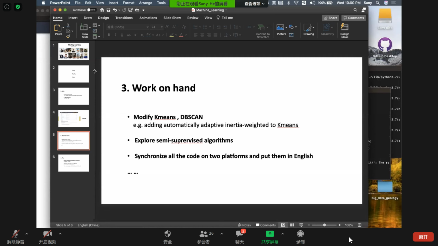And actually, there is a bunch of code, as Professor Zhang mentioned, so we will work on new algorithms and try to solve some problems, and at the same time we will put them in English too.